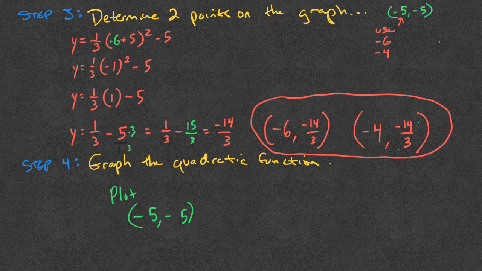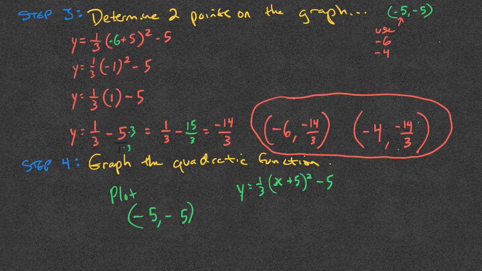So what you'll need to do is, there's a few different methods you could use, but I've tried to abbreviate the process as much as possible. And there's a little trick that you can use to come up with a second point to this one. What you'll do is, starting with the original equation, y equals 1/3 (x plus 5) squared minus 5.